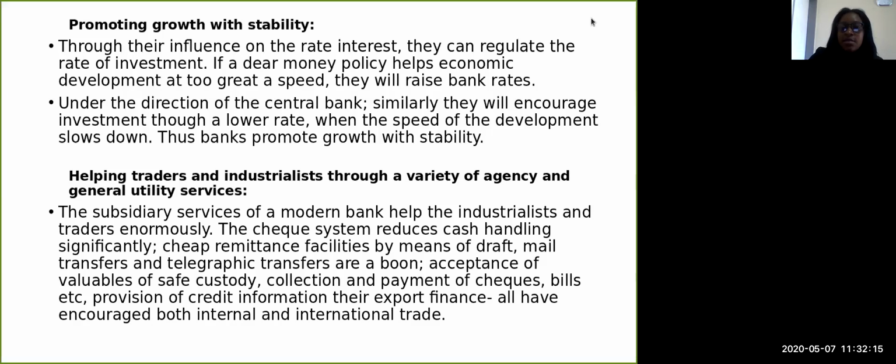The check system reduces cash handling significantly; cheap remittance facilities by means of drafts, mail transfers, and telegraphic transfers are a boon. Acceptance of valuables for safe custody, collection and payment of checks as well as bills, provision of credit information, and export finance all have encouraged both internal and international trade.